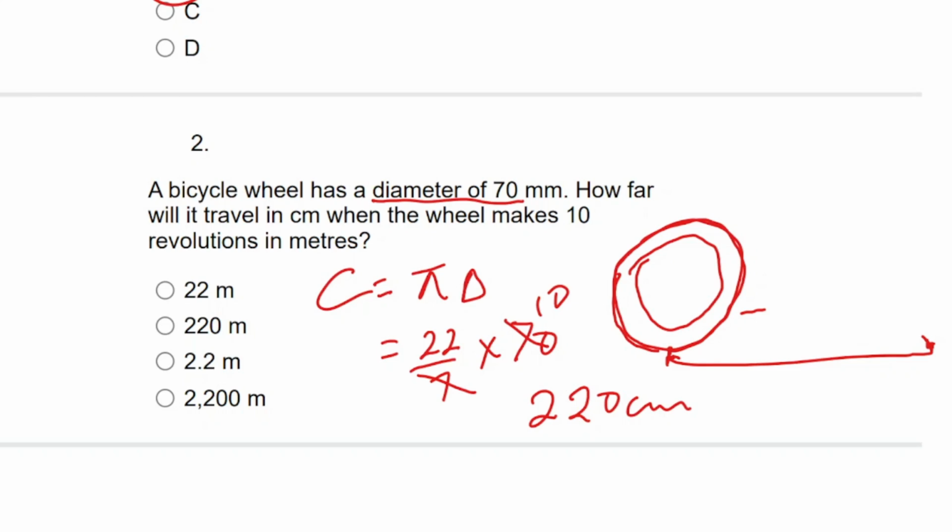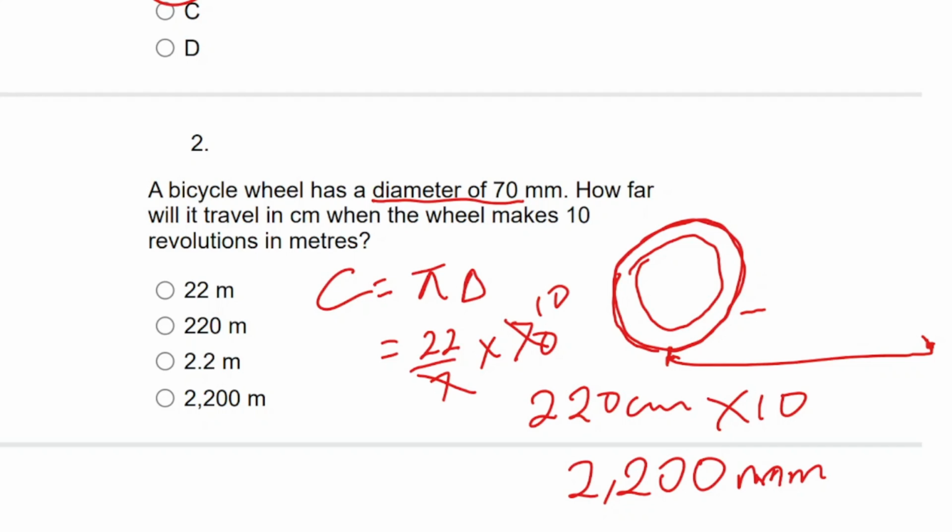We have to calculate how far. So that is 220 multiplied by 10. That is going to be 2,200 millimeters. But the question says in centimeters. This is in millimeters. How do we convert this? Is the next thing.